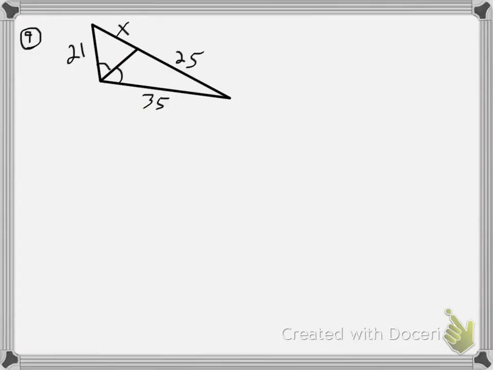Okay, they want us to find the value of x, and we're going to use the triangle bisector theorem here. In other words, if the angle is bisected, so if we look at this big angle here, it got cut into two smaller angles right there.